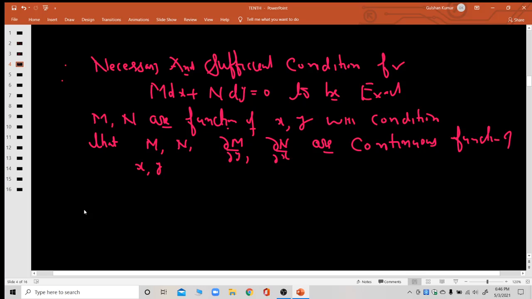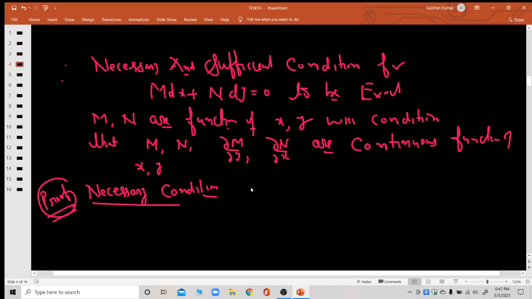Now let us derive the necessary and sufficient condition for the equation to be exact. Proof. Necessary condition. Suppose M dx plus N dy is equal to 0 is exact.